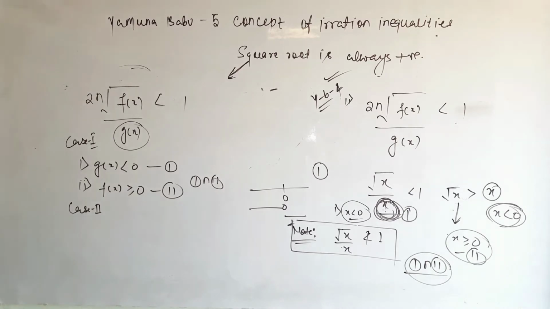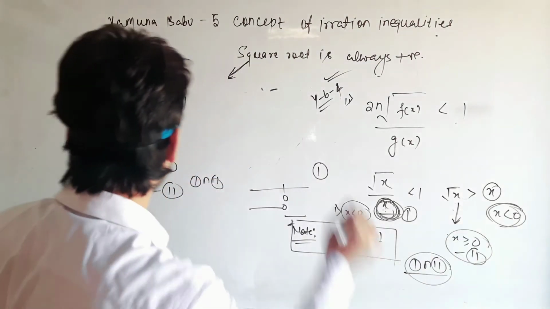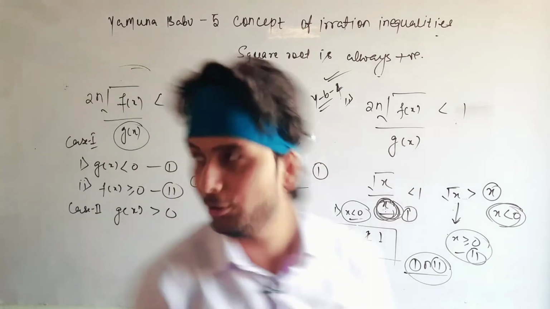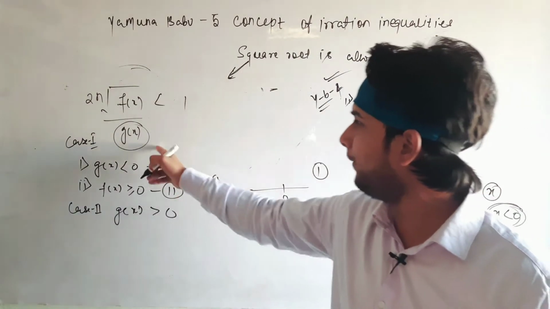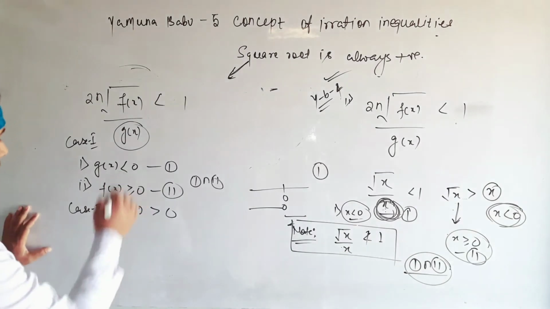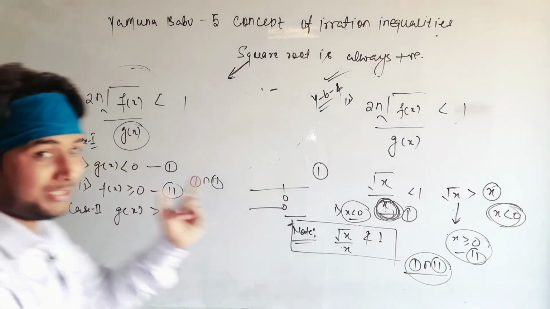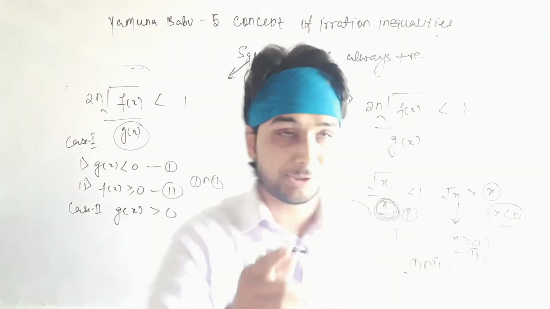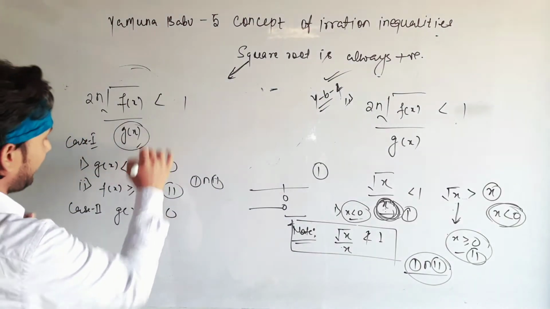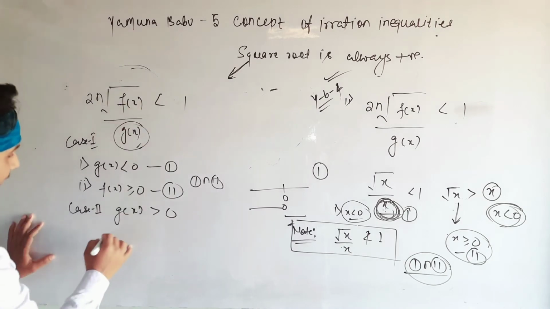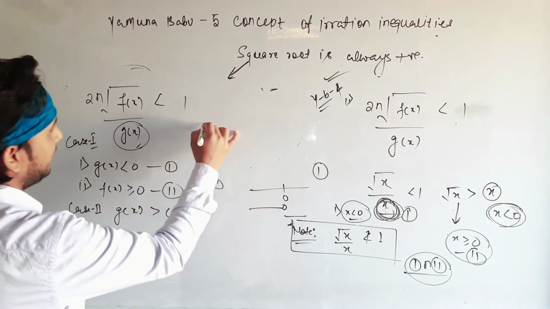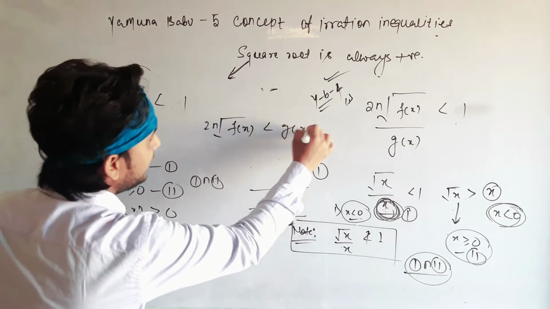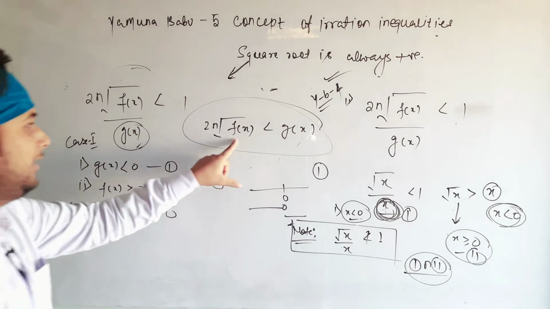Case second is when you take g(x) greater than 0. But as you know, the denominator cannot be equal to 0. When you are taking g(x) greater than 0, the inequality will look as it is, and we have already read about this inequality.